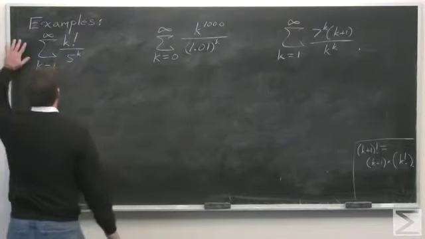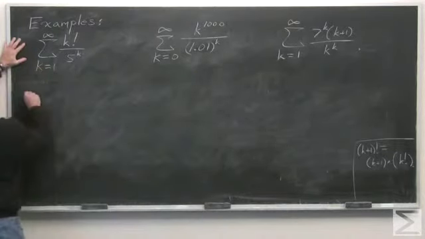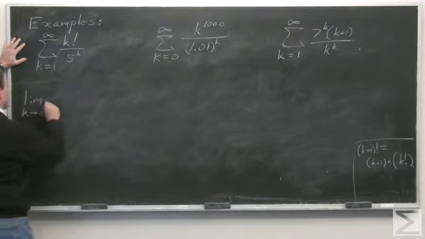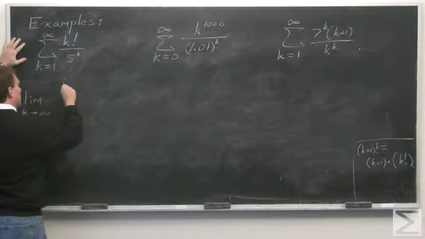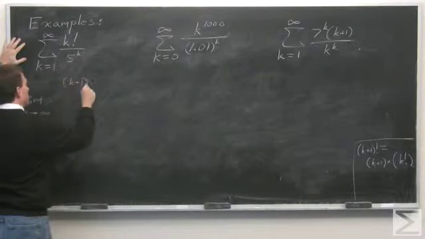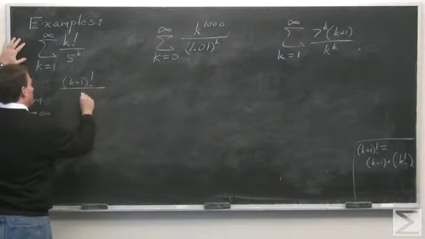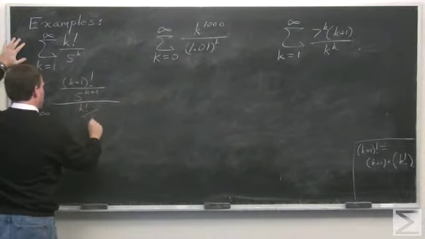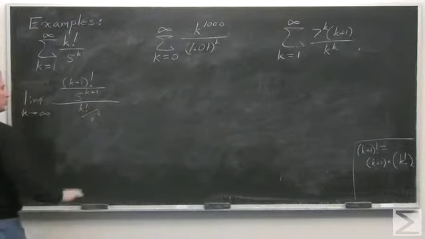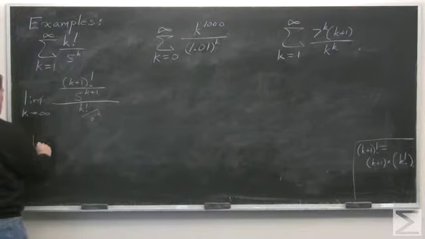So if you apply the ratio test, here you would look at the limit as k approaches infinity of the k plus first term. That means you replace each k with the quantity k plus 1. So you get k plus 1 factorial over 5 to the k plus 1 divided by k factorial over 5 to the k. You invert, multiply, and collect the things that look similar.